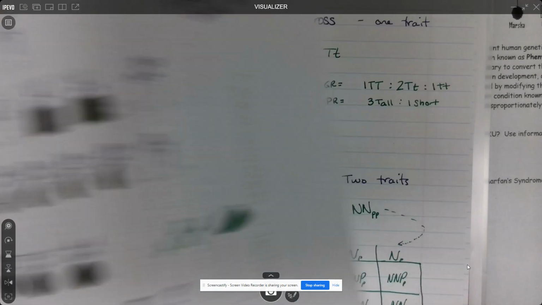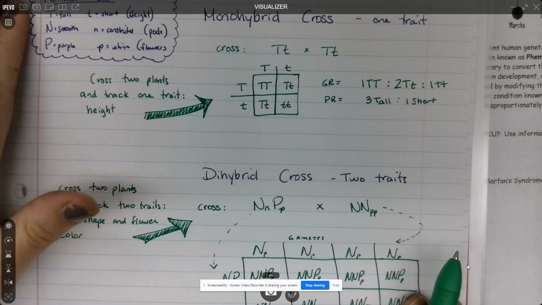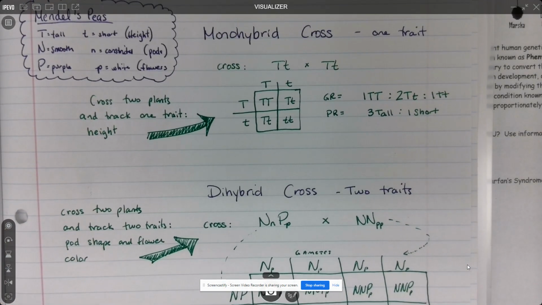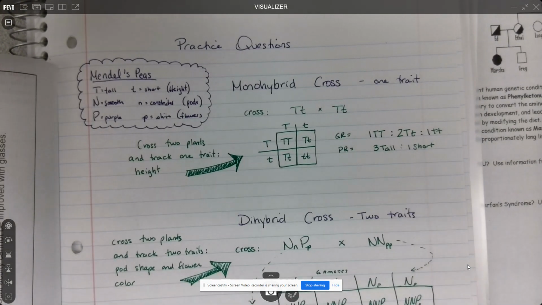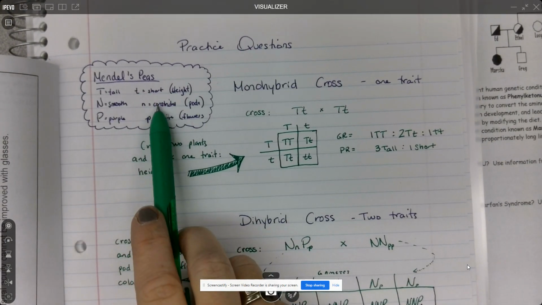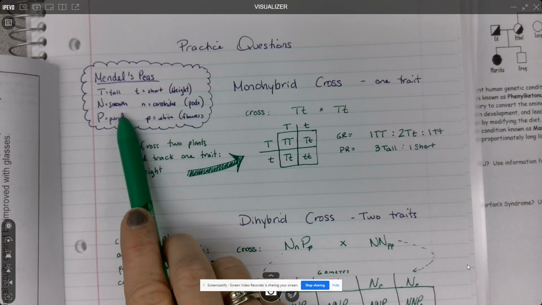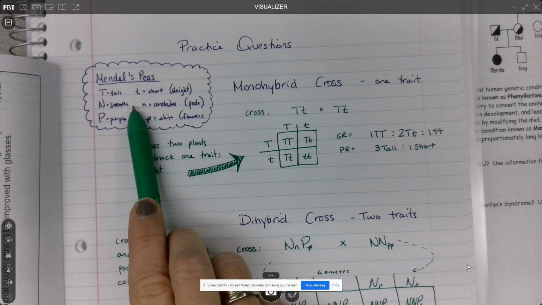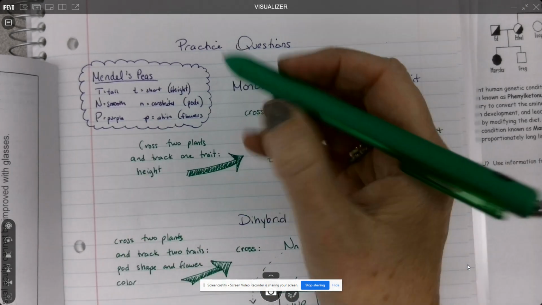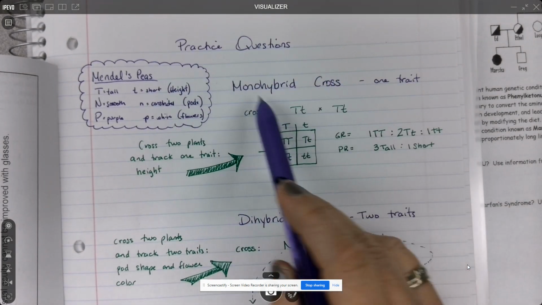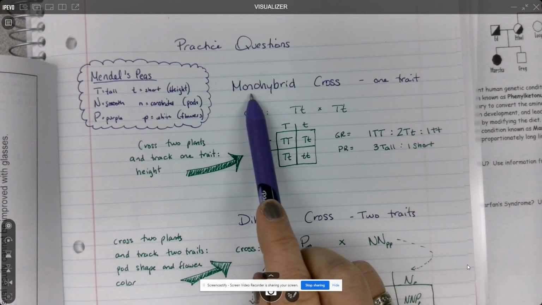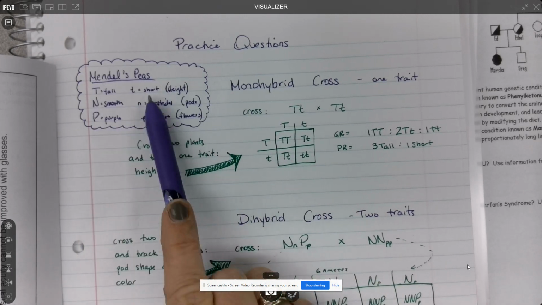Then, depending upon the class period, we had a little bit more information shared, or some classes had a little bit more time for some practice. And so we went over Mendel's pea plant traits: height, pod shape, and flower color. We practiced. I asked students to come up with a monohybrid cross, which mono means one, so just one of these traits, and cross them.